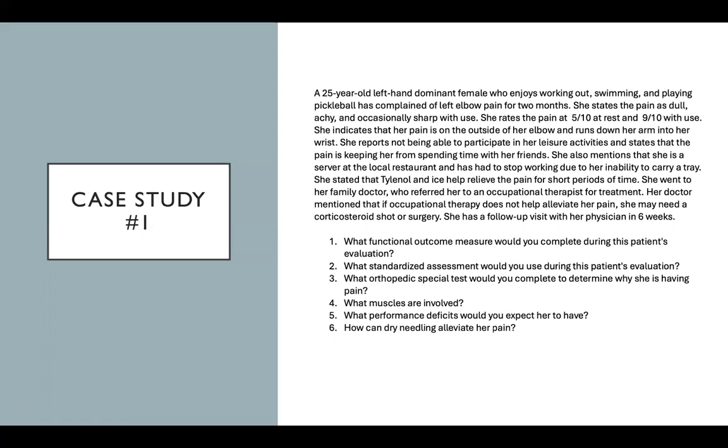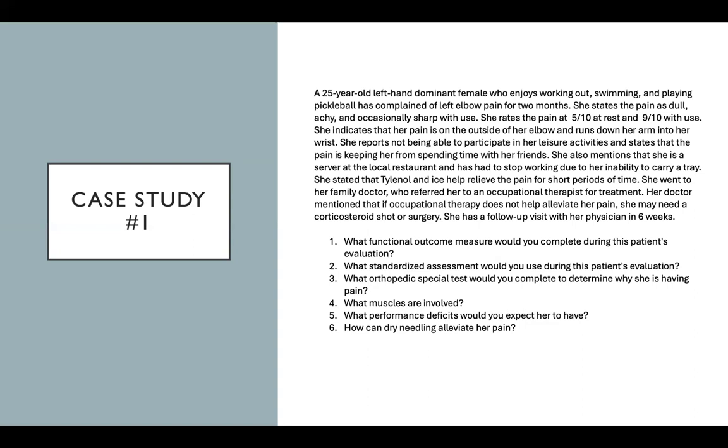What performance deficits would you expect them to have? Well, due to pain, you may have a lack of elbow flexion, wrist flexion, avoid pinching and gripping, and they may feel reduced strength with pinching and gripping. They may have loss of strength.